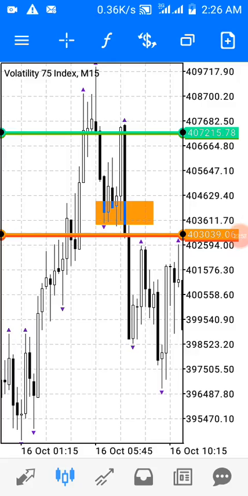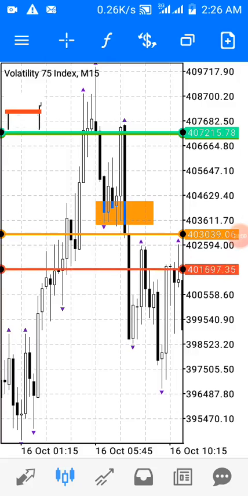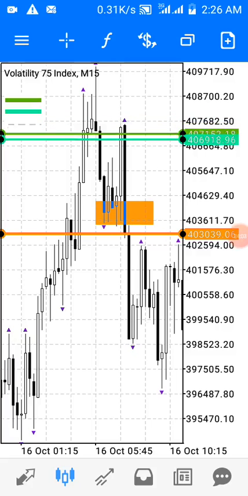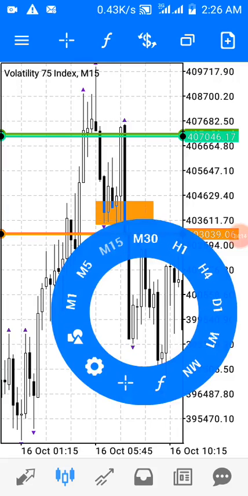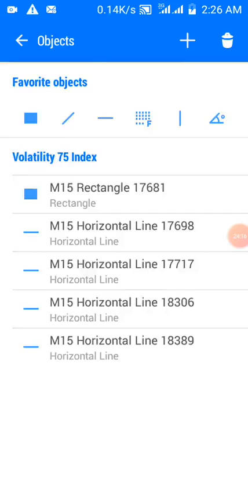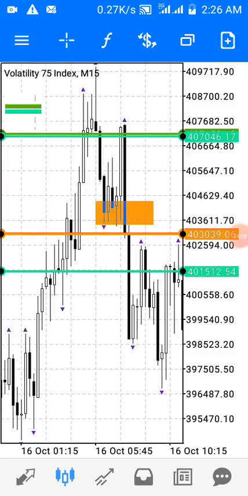Remember, the distance between the initial entry and the hedge pending order is 4,000 points. For volatility 75 index, you have 4,000 points. So your take profit will be 2,500 points.